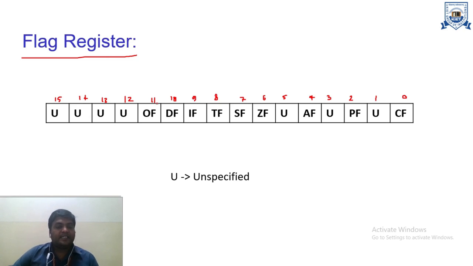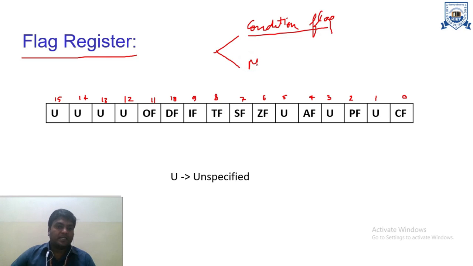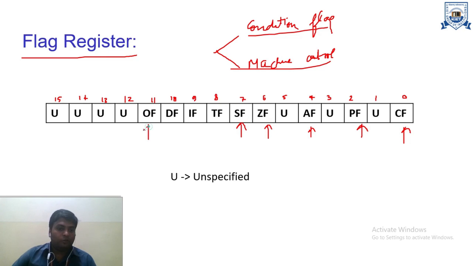This flag register is divided into two parts. The first one is the conditional flags, and the next one is the machine control flags. In the conditional flags we have the carry flag, parity flag, auxiliary carry flag, zero flag, sign flag, and overflow flag.